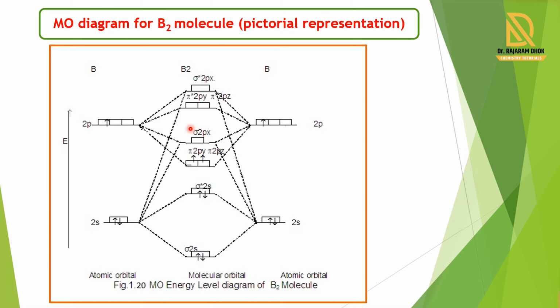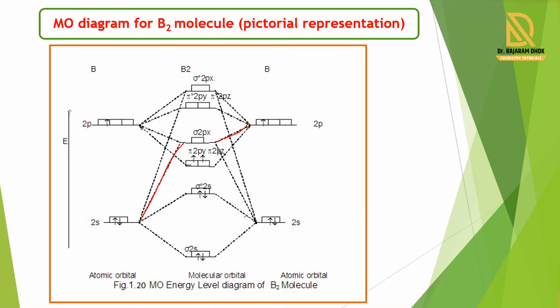Now, in these molecular orbitals, we have seen that the 2s atomic orbital of the first boron and the 2p atomic orbital of the second boron have an interaction. This interaction is shown by this dashed line.